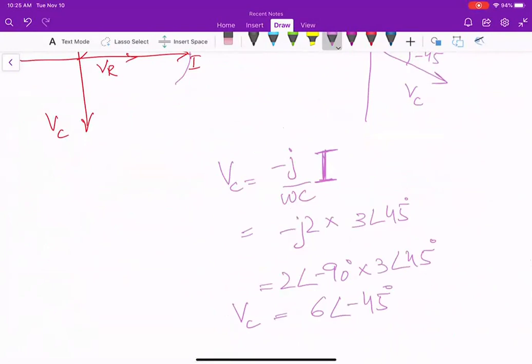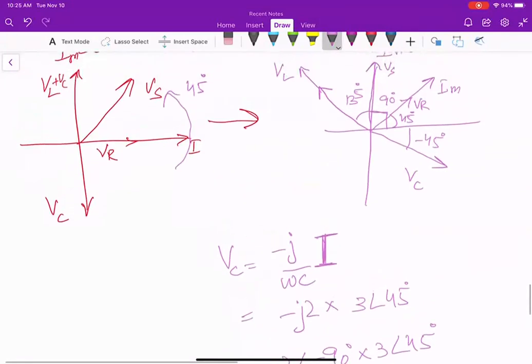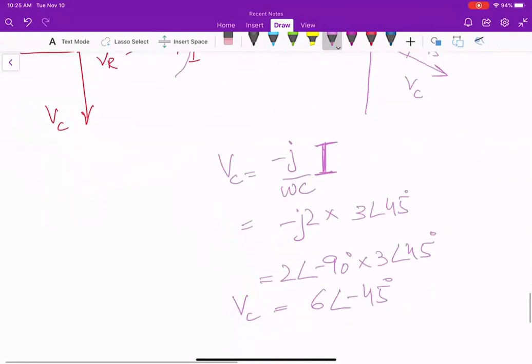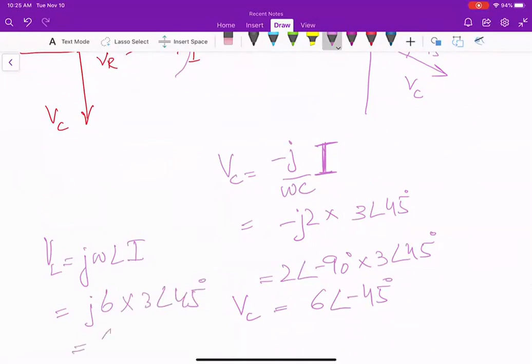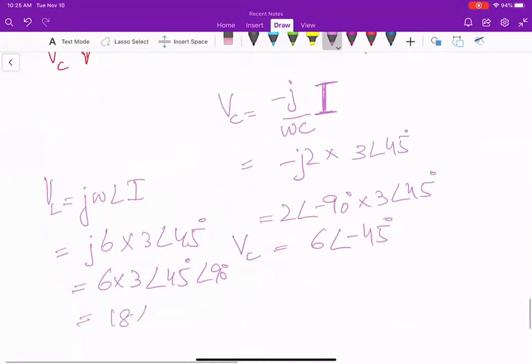Yep. So that's how you know individual phasors, right? Similarly, for VL, you can see that j omega L times I, which was 6j, I think, times 3 at 45 degrees: 6 at 90 degrees times 3 at 45 degrees, which will make it 18 at 135 degrees.